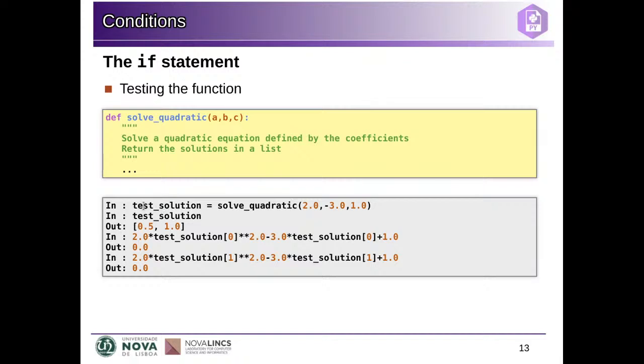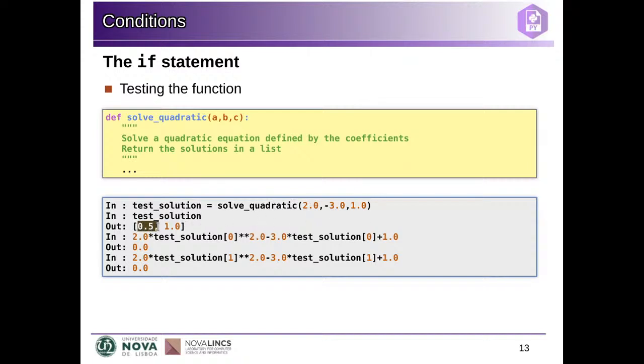So we can obtain a solution by calling the solve quadratic function with some coefficients. For example, this would be for 2x squared minus 3x plus 1. And now we have two solutions here, 0.5 and 1. We can test this by plugging in these values into our curve.